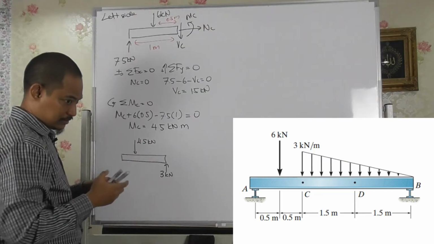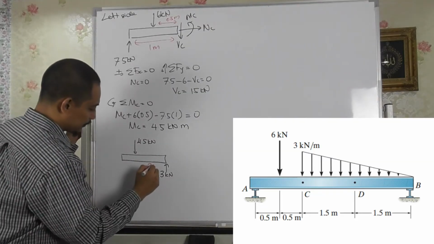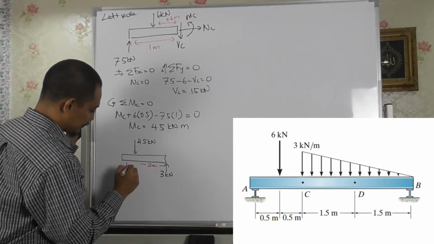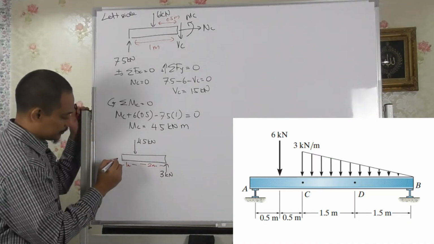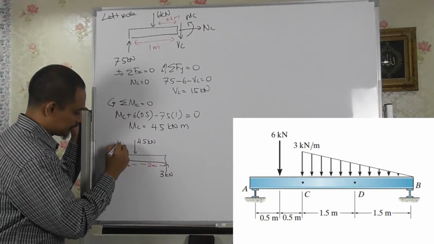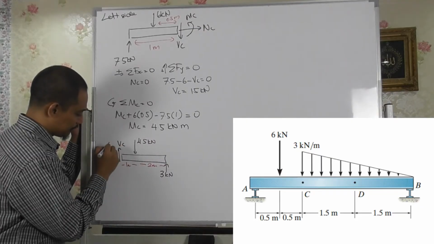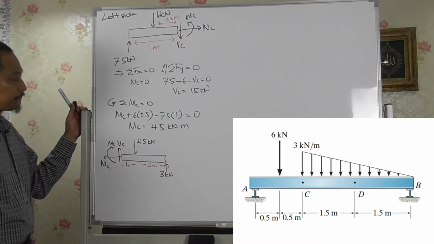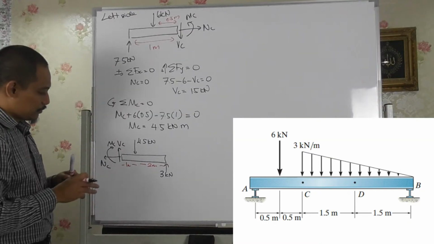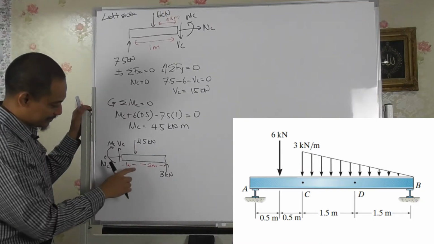The distance is 2 meter here, 1 meter here, right? And then we have the shear VC, MC, and NC. Okay, this is 1 meter, this is 2 meter. Sorry for the bad handwriting.